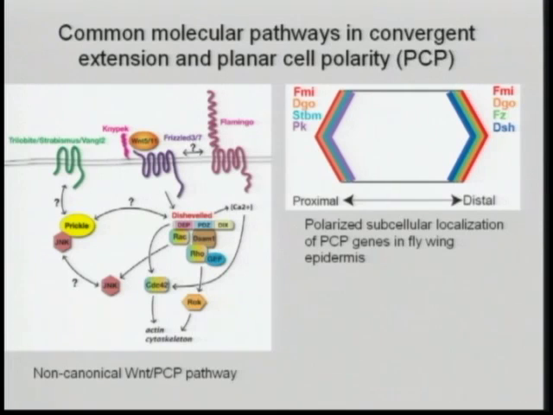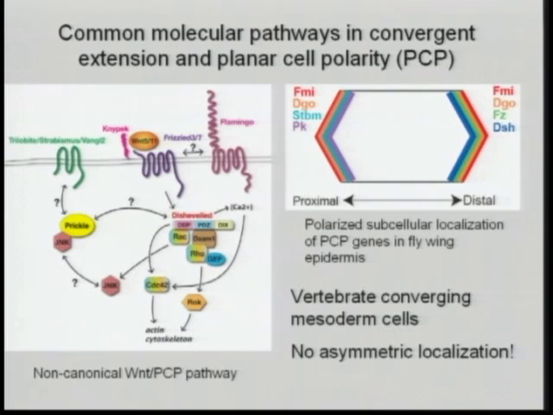However, in the vertebrate convergent extension process, mainly in the Notochord, the same set of genes control the process, but people can never observe a molecular asymmetry in these proteins. They are uniformly localized at the membrane. So that raises an important question: where does this asymmetry in cell behavior come from at the molecular level?